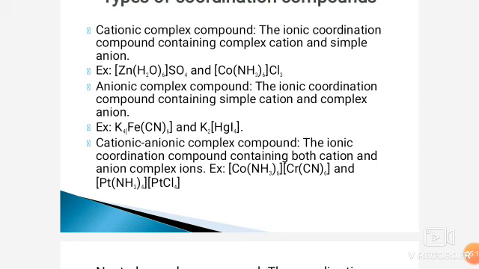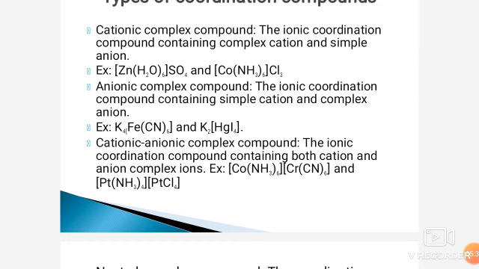Cationic complex compound examples are the hexaaqua zinc complex and the hexammine cobalt complex. These are the cationic complex compounds. In the case of the anionic complex compounds, there is potassium hexacyanoferrate complex, and then the potassium tetraiodomercurate complex.